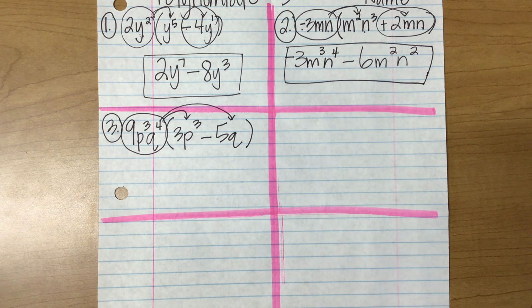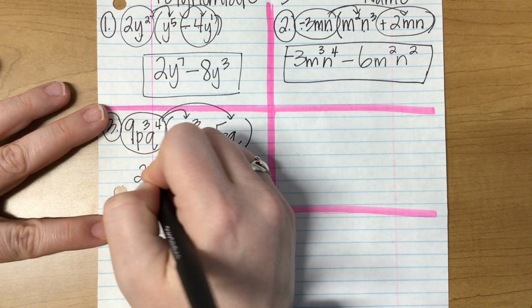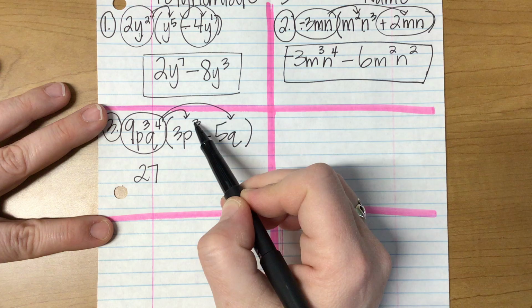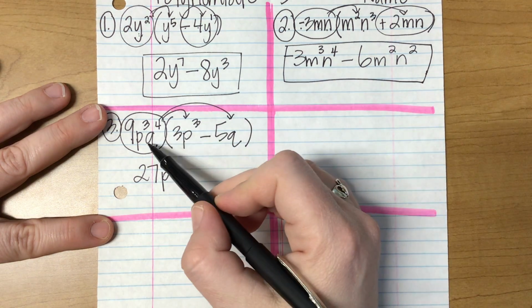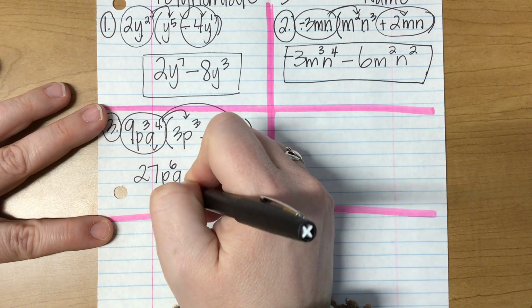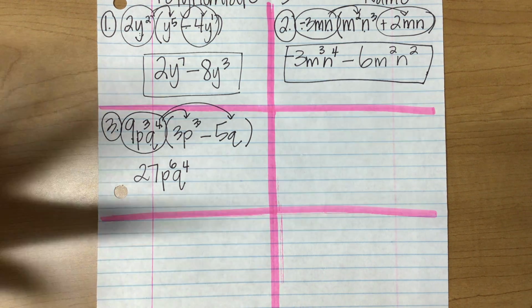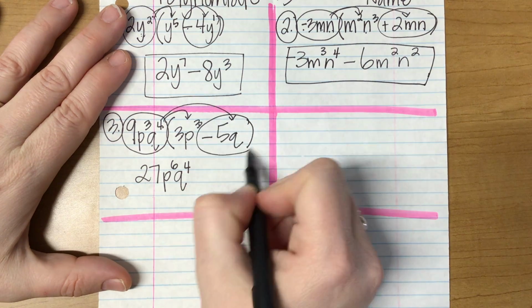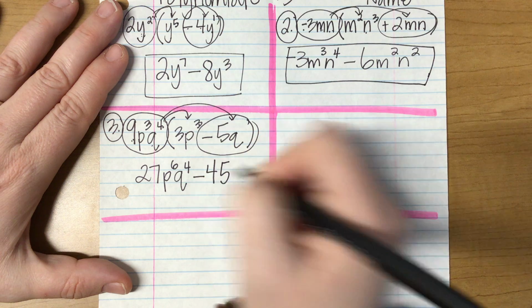Now we take each chunk, multiply the coefficients, add the exponents. 9 times 3 is 27. P to the 3rd times p to the 3rd, add the exponents, is p to the 6th. Q to the 4th just stays q to the 4th because there's no q to combine it with in the first term. The second, 9 times -5 is -45.